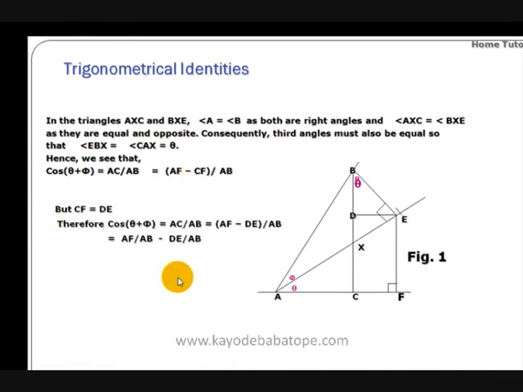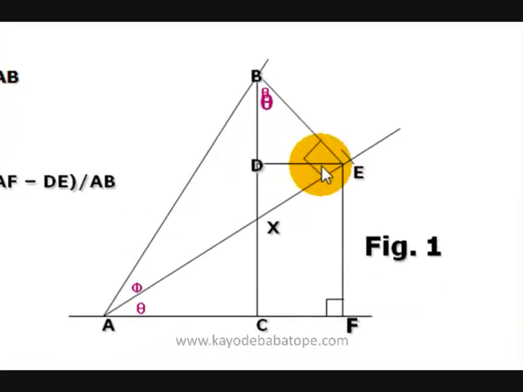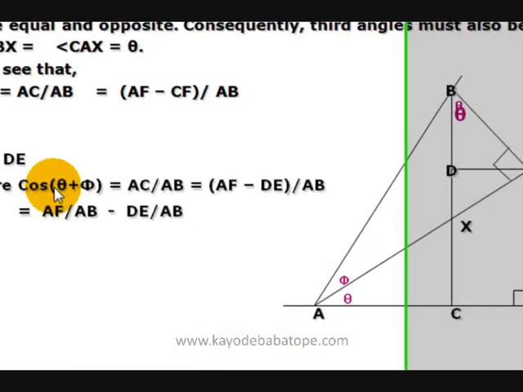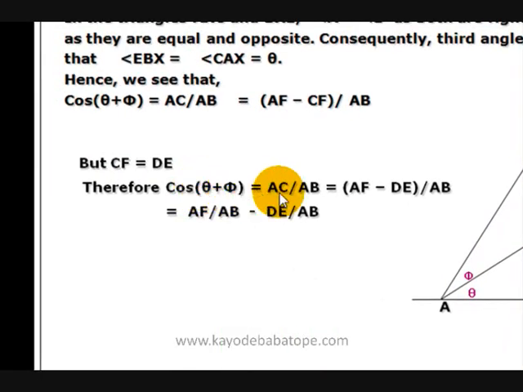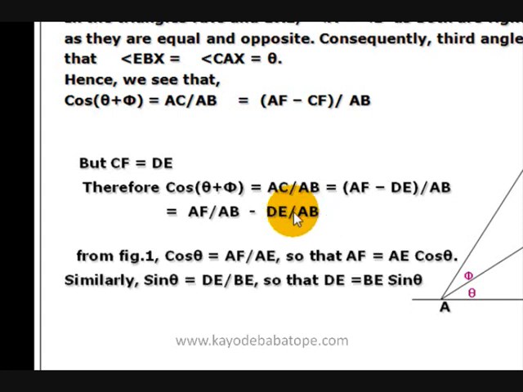However, CF is equal to DE. Therefore, cos(theta plus phi), which equals (AF minus DE) over AB, can be expressed as AF over AB minus DE over AB. I hope you understand how we got DE here.